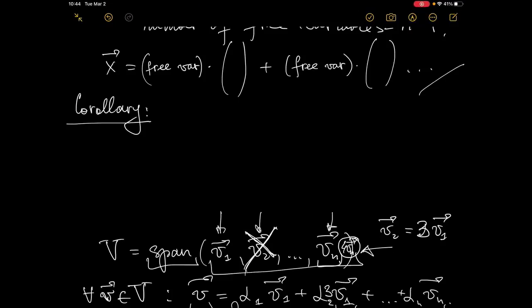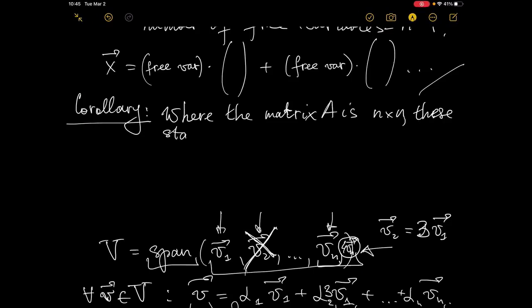Okay, now let me just formulate the corollary. The proof is simple, and I will leave it for you. You can read it, it's just a few lines in the book. So, where the matrix A is n by n, these statements: first, the rank of A is n.